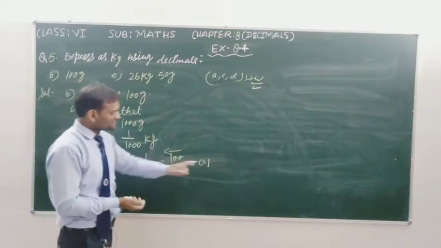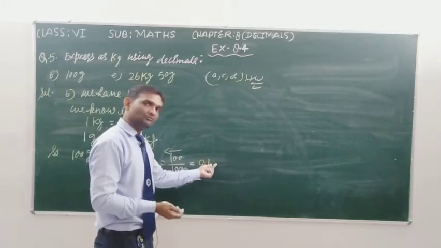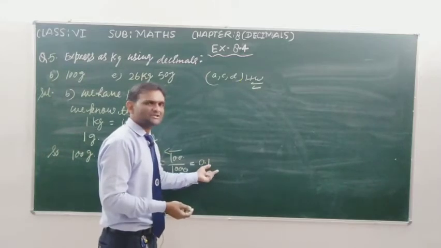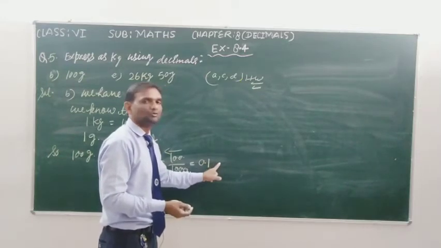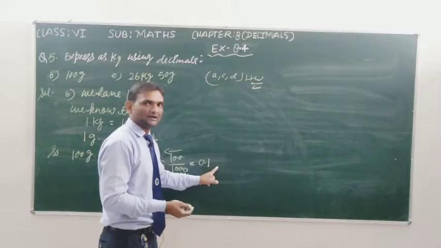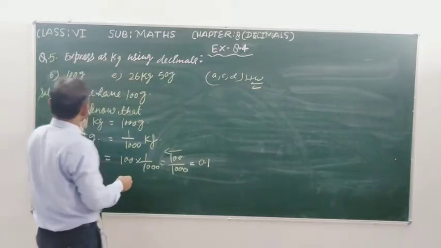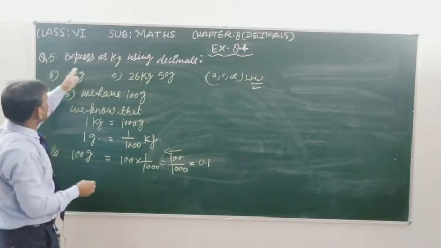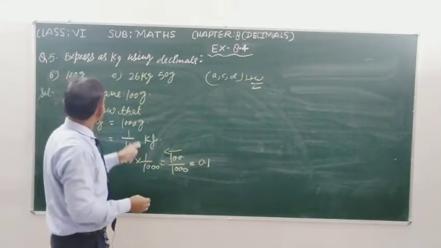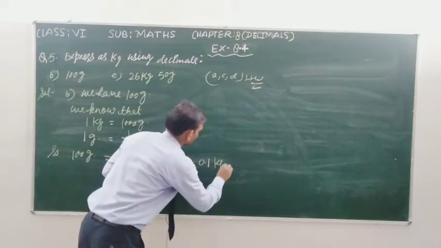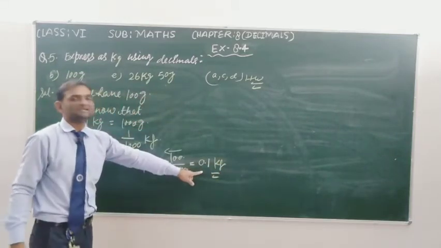If you want to write the 0, these 2 0 after 1, you are free to write, but there is no need, there is no meaning of this 0 if you are writing after 1. So now you have changed 100 gram in kg by using the decimals.